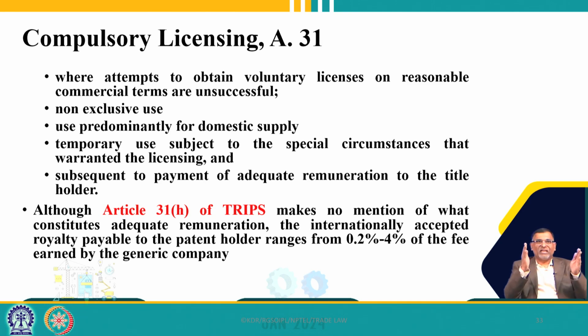Once the voluntary licenses are not successful and the companies are reluctant to license, and also subject to certain conditions, the patent offices can go ahead with compulsory licensing of the patents which are registered in their respective jurisdictions, definitely subject to certain common grounds, and again subject to adequate remuneration.